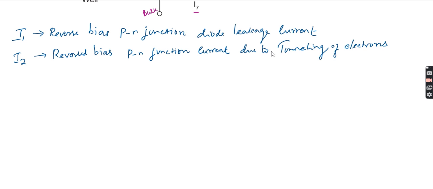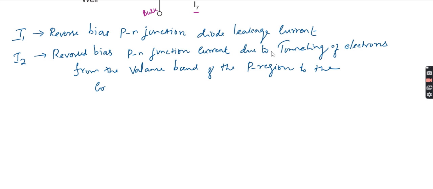Tunneling of electrons from the valence band of the P region to the conduction band of the N region. That is I2. Then I3.